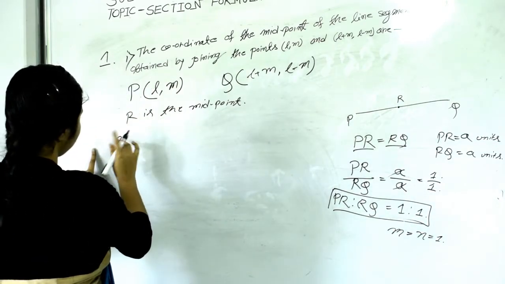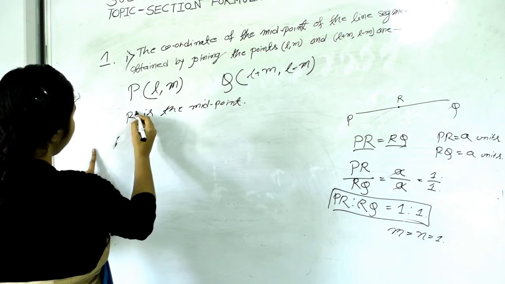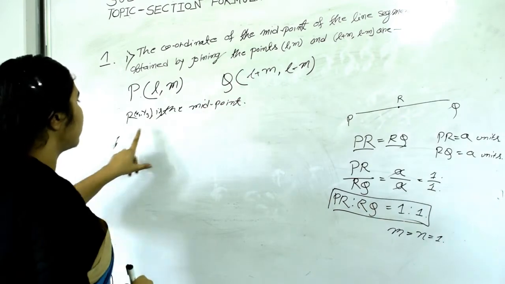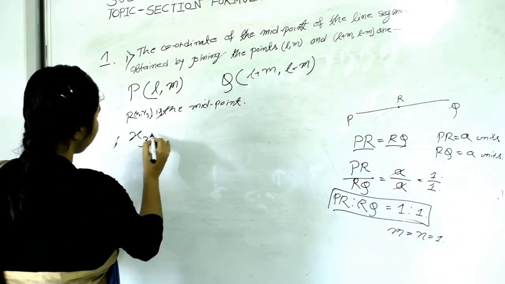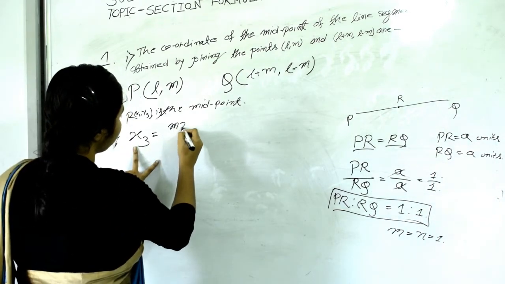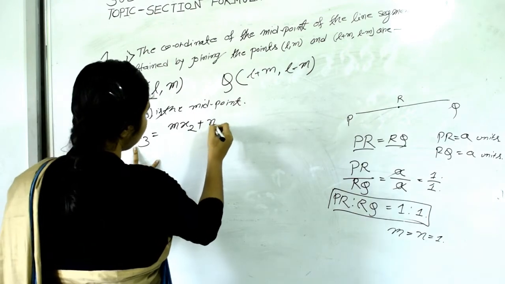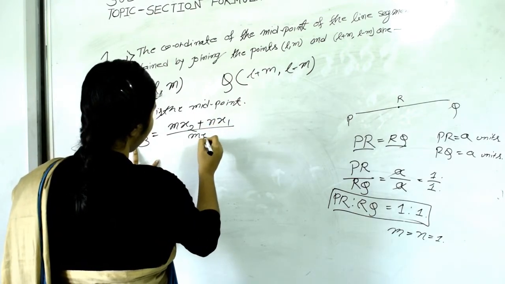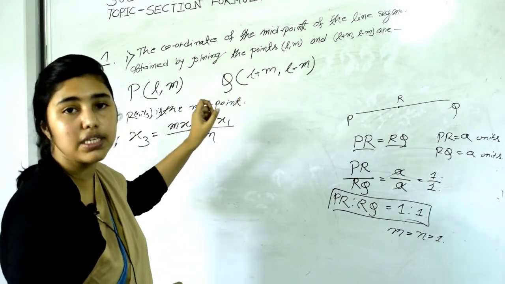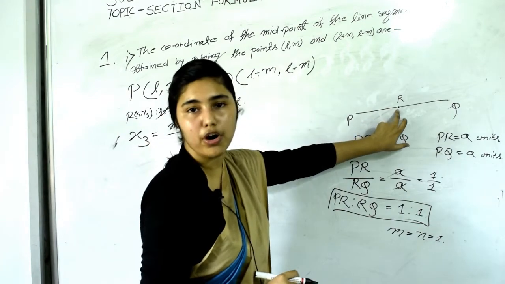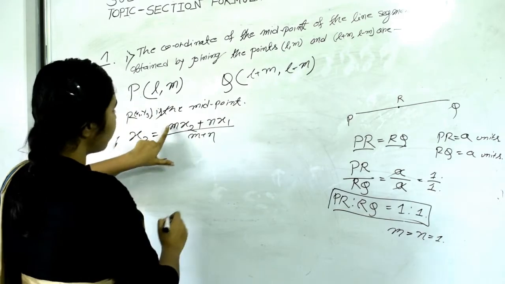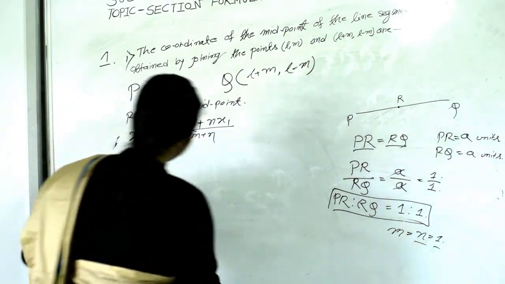So now coordinate of R, suppose x3 and y3, okay? So we have to find the value of x3 and y3. Now x3 equals to M into x2 plus N into x1 by M plus N. Apply the formula when the point divides line segment internally because R is the midpoint of PQ, which means R is between P and Q. Now put the value of M, which is 1.